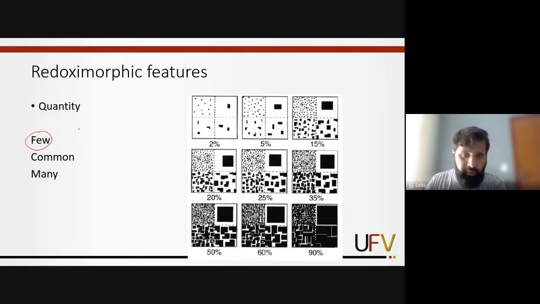So this soil horizon or this soil layer is not so influenced by water. But if I have common or many redoximorphic features, it indicates that I have water that influences this soil horizon, or even the soil, a lot. So the water changes a lot.